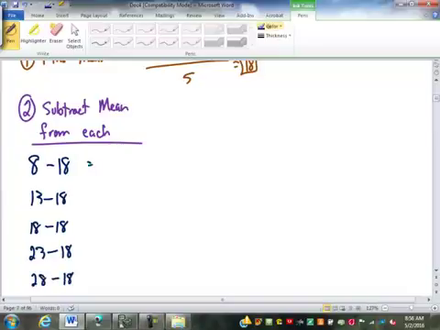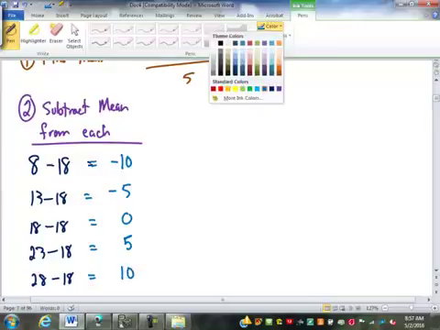What is 8 minus 18? Negative 10. 13 minus 18? Negative 5. 18 minus 18? 0. 23 minus 18? 5. And 28 minus 18? 10. So that's step 2.